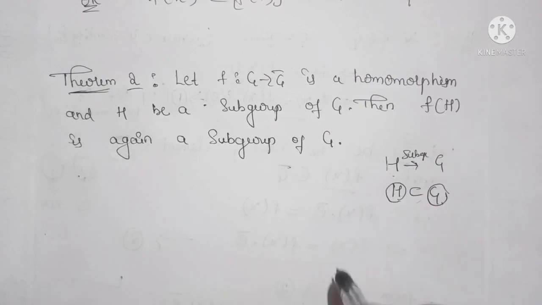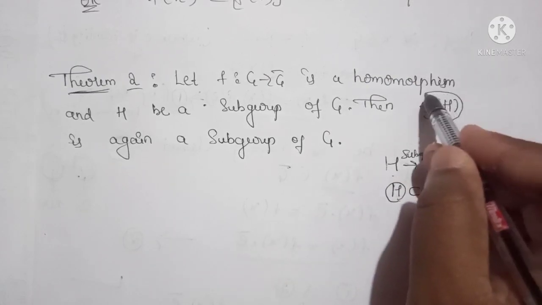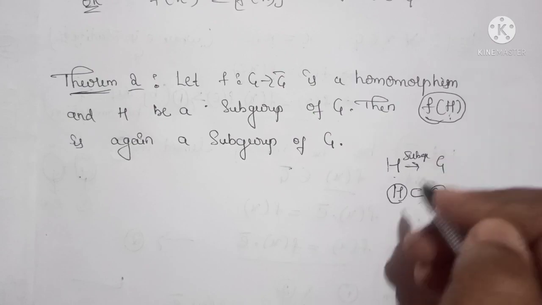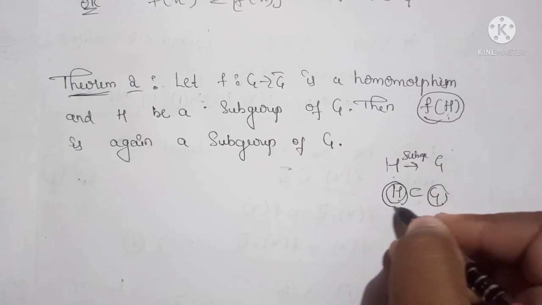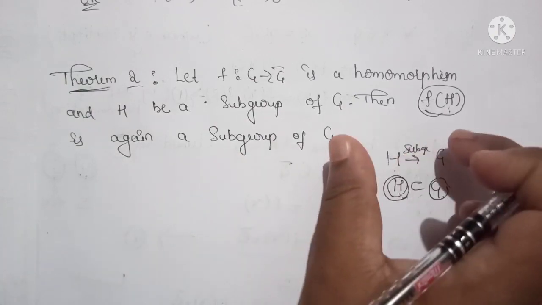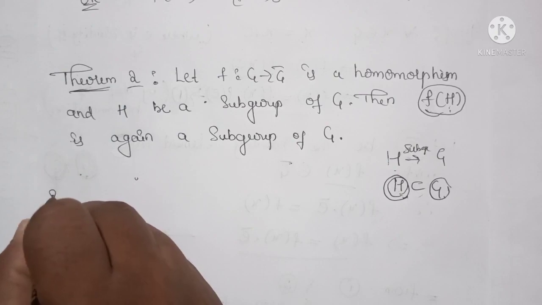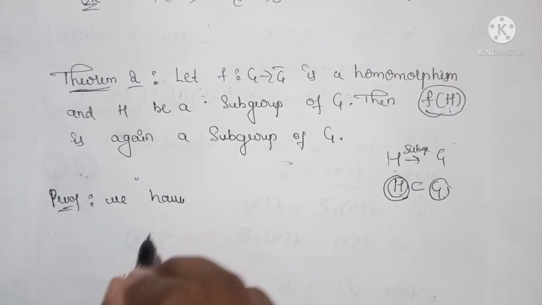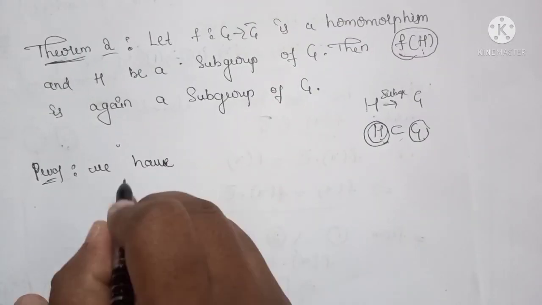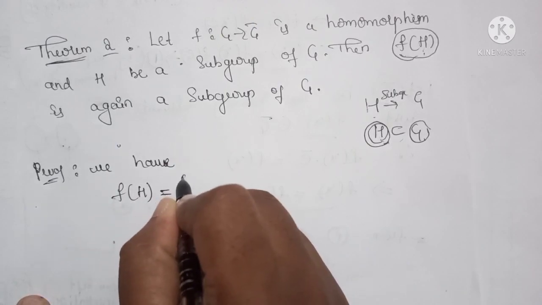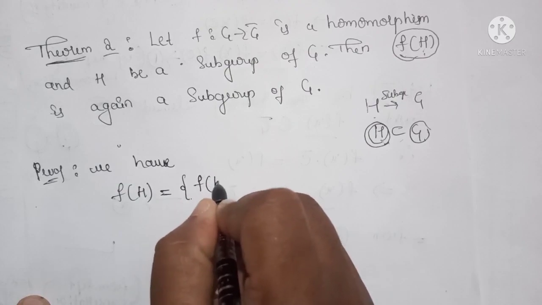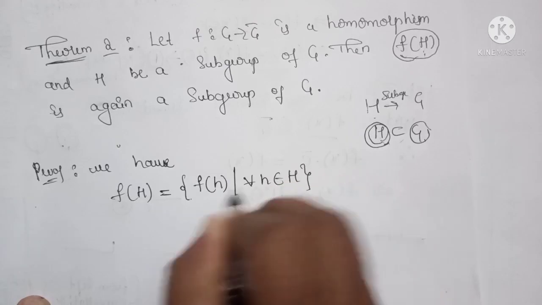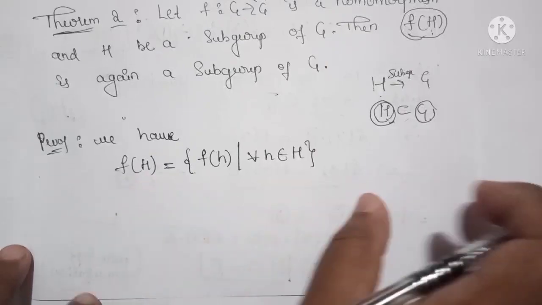So then we have to prove that images of all the elements of H. Here f of H is a set which contains images of all the elements of this H. Proof: we have this f of H. It means that we have all the elements of the form f of h for all h belongs to H. Okay, so then we have to prove that this f of H is a subgroup.